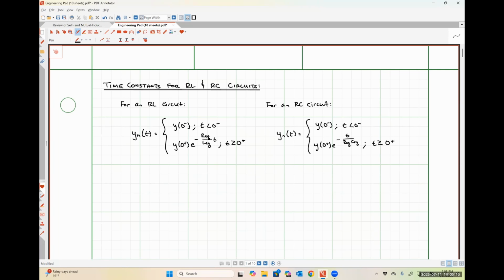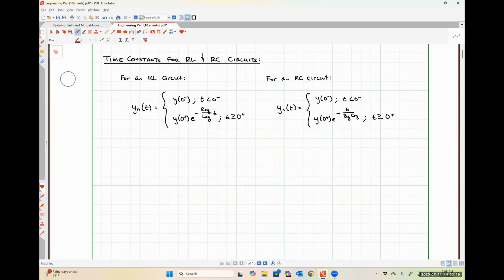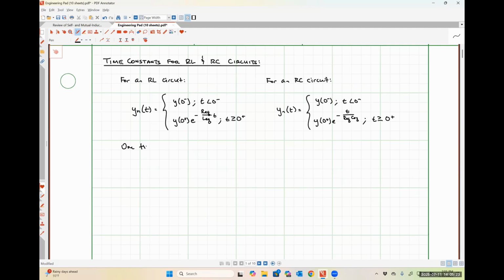Engineers have decided that a single time constant, tau, is the amount of time needed for a signal to decay to, let me get my calculator out so I can give this to you explicitly, 36.788% of its original value.